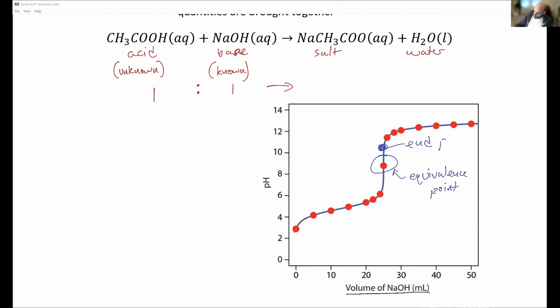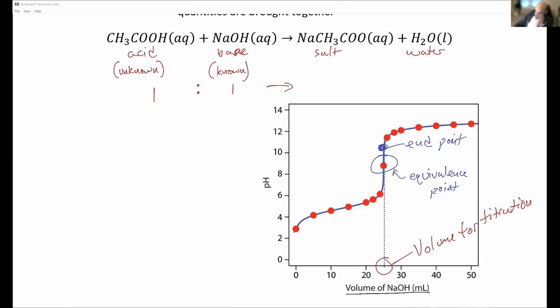It's mostly based on when you see a color change, and it's a little bit off, but ultimately both of these are probably going to be pretty much the same volume. They're pretty close to one another, so we're not too worried about that. So this volume is going to be the important volume for titration.